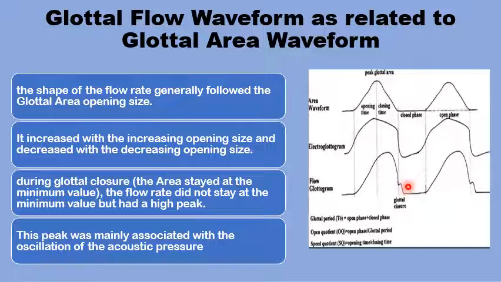These differences are mainly related to the acoustic coupling, the interaction between the voice as the source and the vocal tract as the filter. This non-linearity and the relation between the source and the filter can explain some of the differences between the glottal flow and the glottal area.